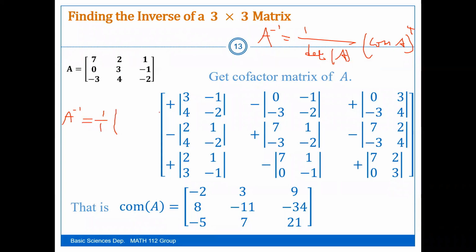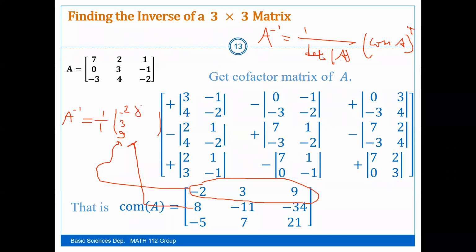And the transpose, what did we say? The first row becomes the first column: -2, 3. The second row of the matrix becomes the second column when we transpose: 8, minus 11, minus 34.